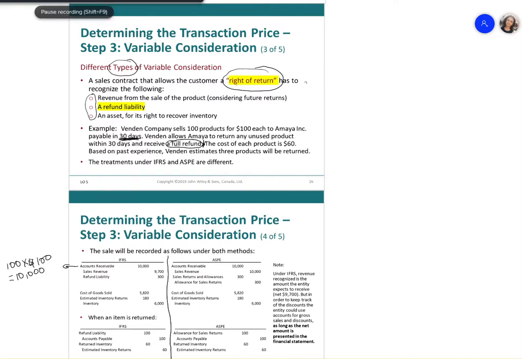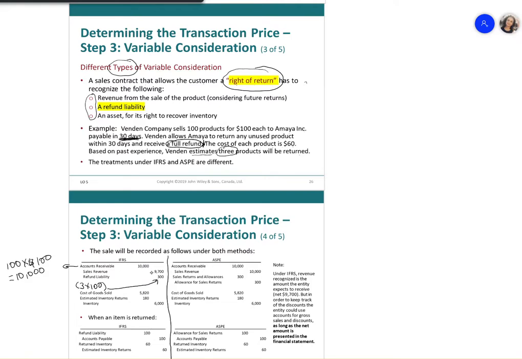In this case, the cost of each product is $60, and from past experience the company estimates that 3 products will be returned. So we needed to record the refund liability until the 30 days are over. How are we going to do it? 3 times the 100 we are going to record as a refund liability.